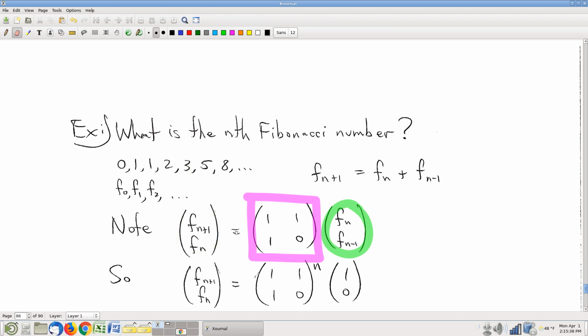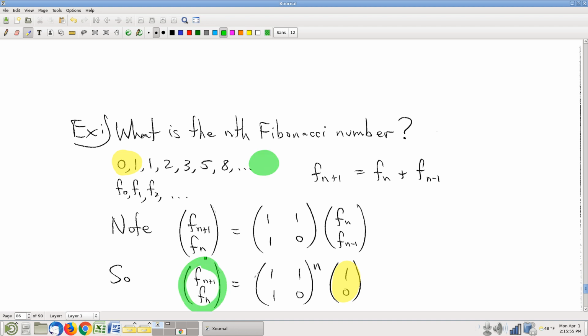Here's why we care about that. What we can do then is apply this recursion relation at different times and show that if you start with what you might call the first consecutive pair, then you can get to the nth consecutive pair by applying it n times.